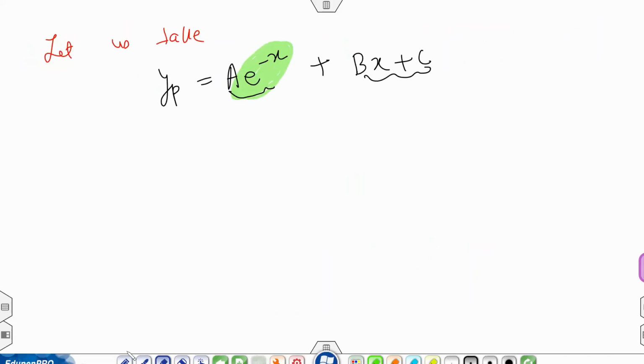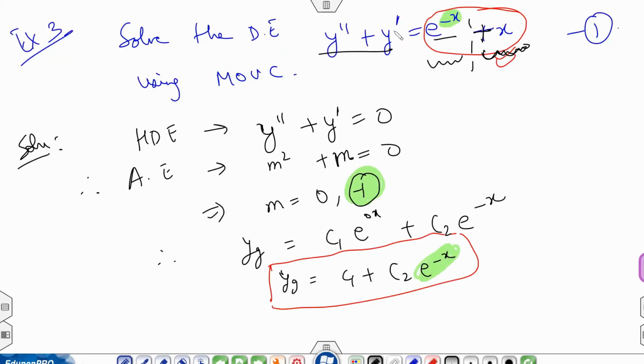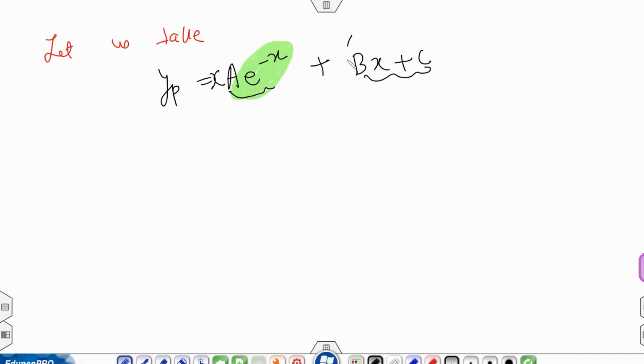So what you need to do is multiply this term with x. Now again what you observe is that here your q is 0. So now you have to multiply this thing also with x. So this will be your trial solution, and then you need to find out yp dash and yp double dash.